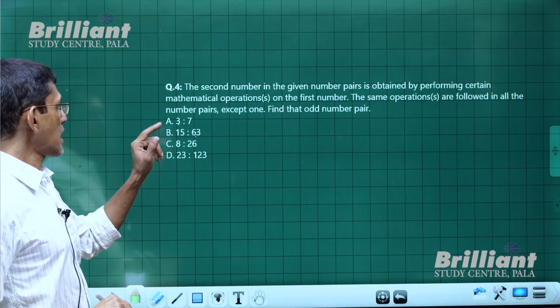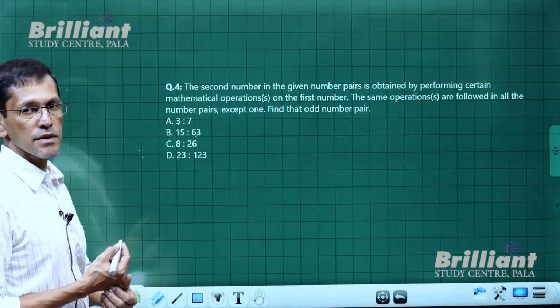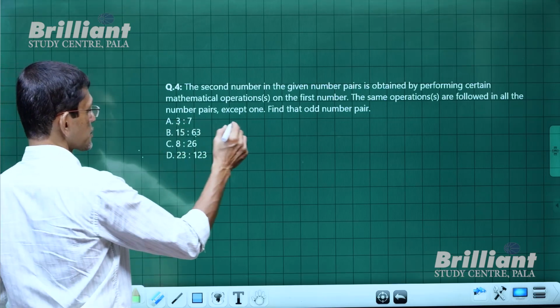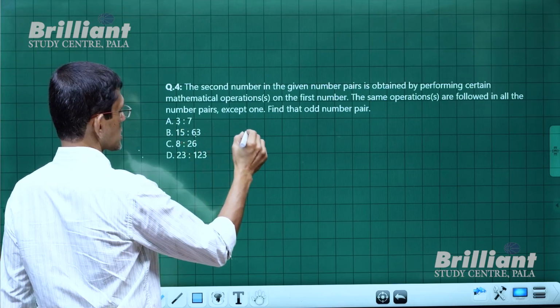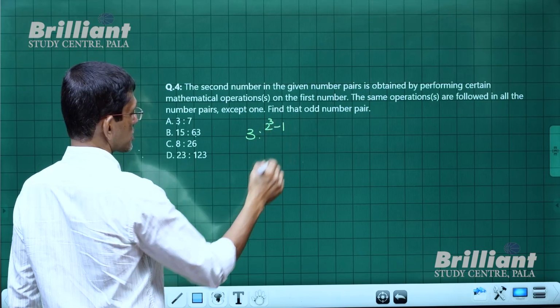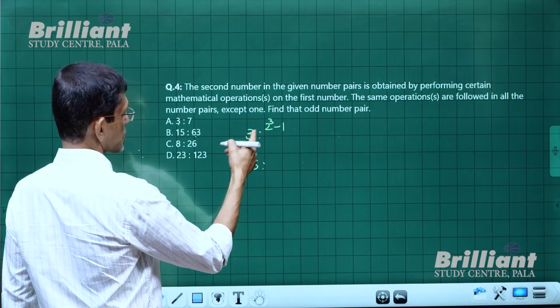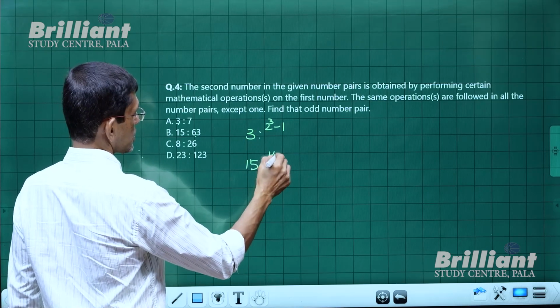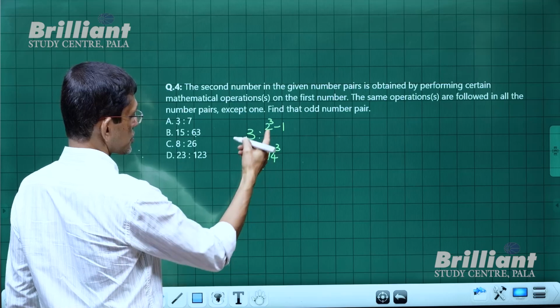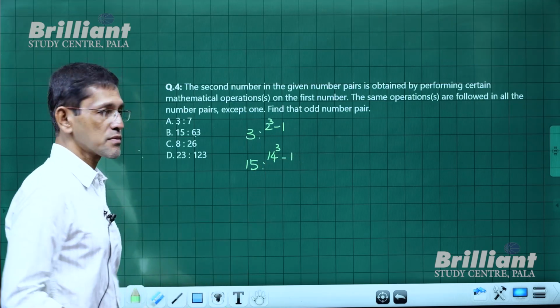Three and, well, 7, right? So 7 is what? 2 cube minus 1. So 3 and this is 2 cube minus 1. Same way, 15 and what? This is 3, this is 2. So 14 cube. 3 minus 1 is 2. So 15 and 14 cube minus 1. What is 14 cube minus 1?